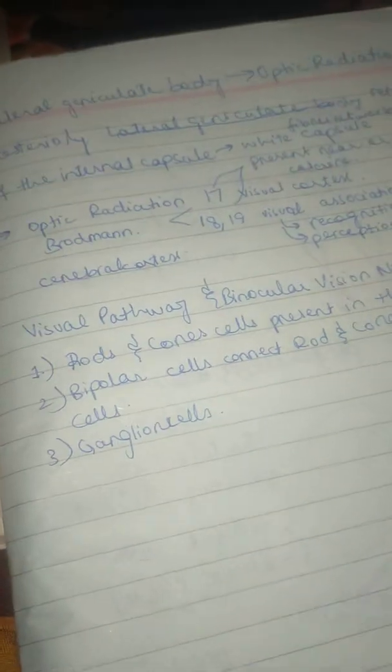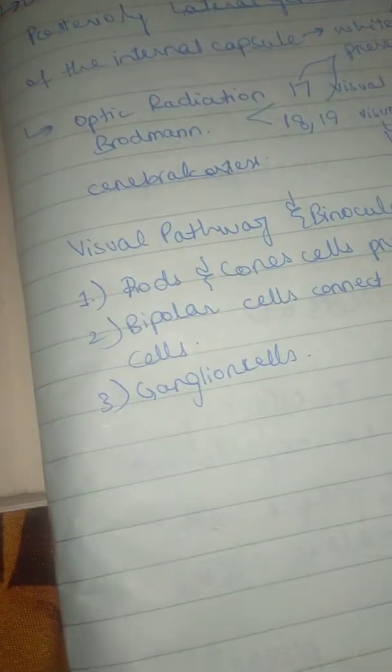So coming back to the visual pathway, we have the ganglion cells. The ganglion cells have axons that pass to the lateral geniculate body.